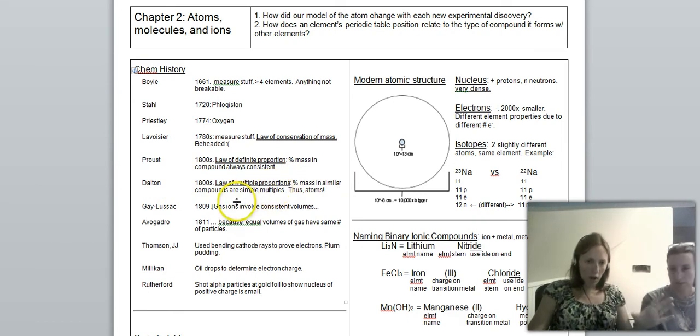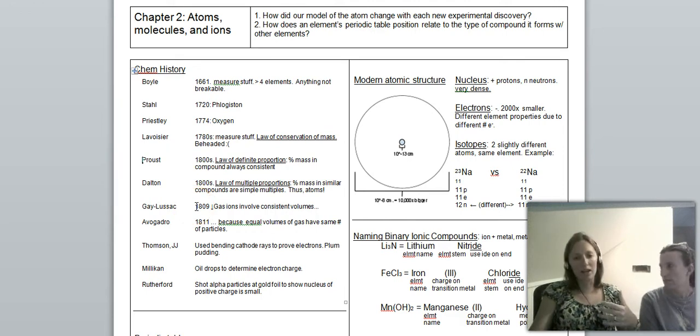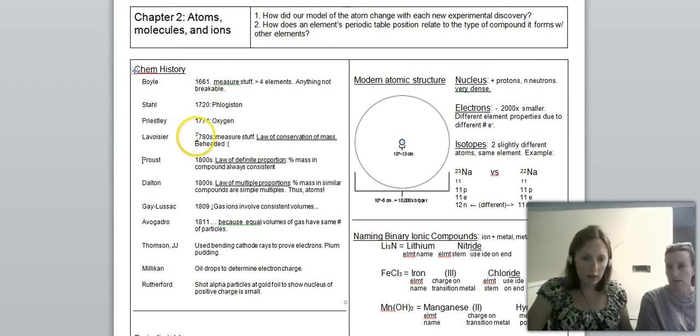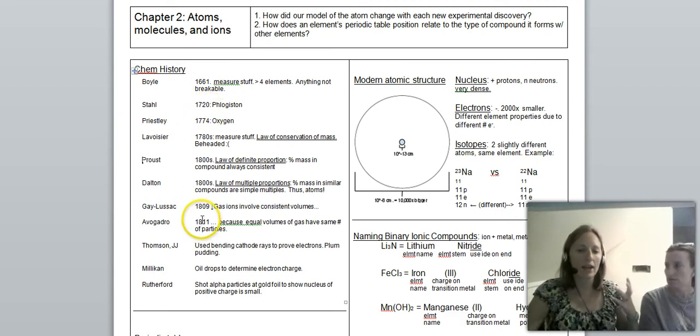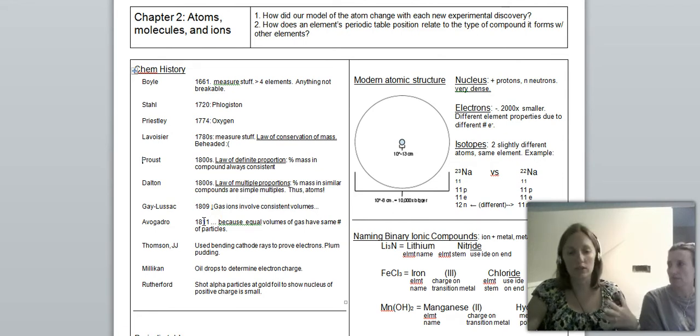Moving a little bit off from that, there was another dude in France named Gay-Lussac, who was reacting volumes of gases with each other. And what he found was that you could react, for example, 2 volumes of hydrogen with 1 volume of oxygen and get 2 volumes of gaseous water out.